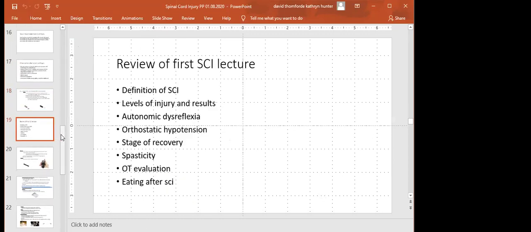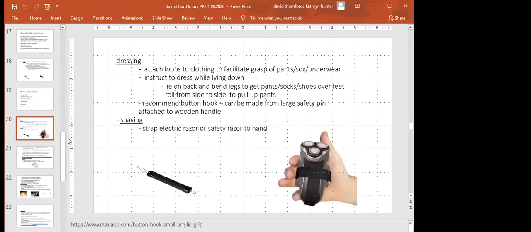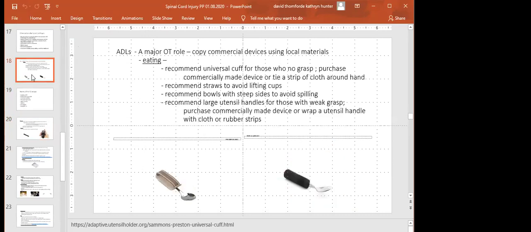So this is a review of the basic issues that we talked about during that first session. And then we just started talking about these: eating, using a universal cuff if you have no grasp, having a bowl with steep sides so you don't spill so much, having large handled utensils if your grasp is functional but weak.